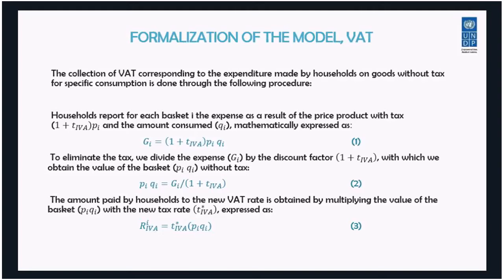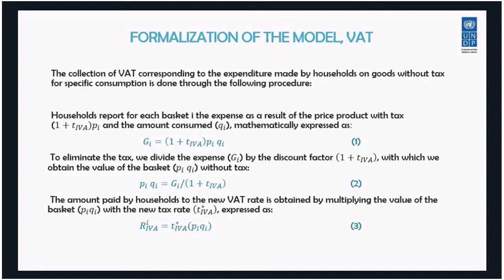So, for instance, the first equation is about the expenditure that each household in the survey reported, what they consume. It is the same example I mentioned before: what is the price of one good? 1 pound, for instance, the liter of milk.